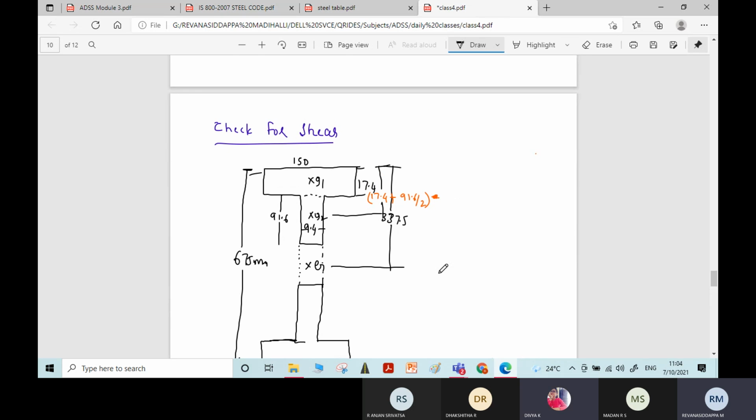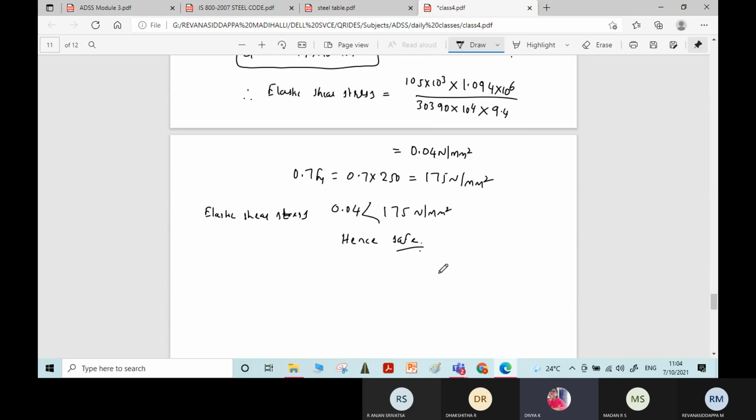Sir, elastic shear stress, I got 40.21. 40.21? Yes, sir. But when 0.04 came, I also got some confusion. 40.21, okay.